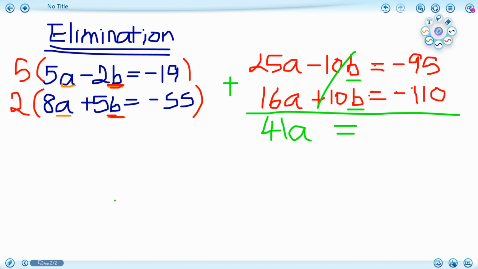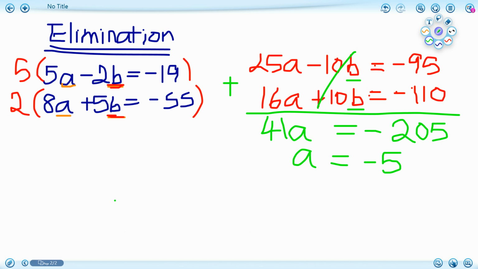So we now have negative 95 plus negative 110, which gives you negative 205. Once I got to this point, I'm going to divide both sides by 41, so I'll get a is equal to negative 5.